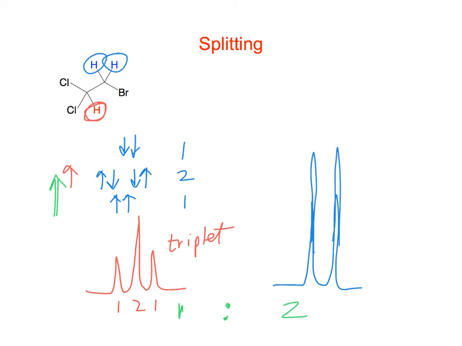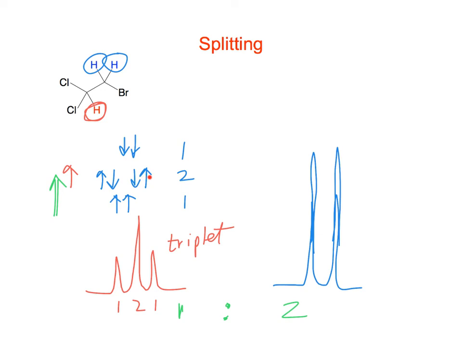What I'm saying here, usually we just draw it up, is the external magnetic field is going in this direction. We have 3 possibilities here. We can align both of these going up. So both of them would reinforce the applied magnetic field, causing this part of the signal to shift downfield. That would be this one here.